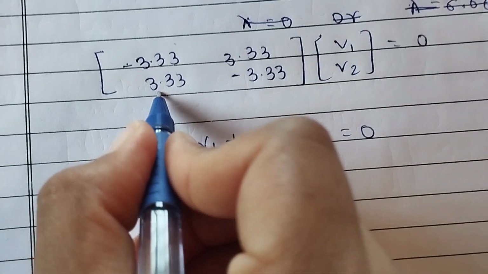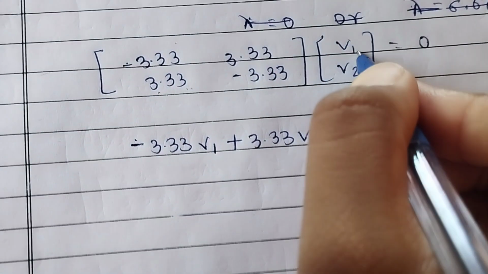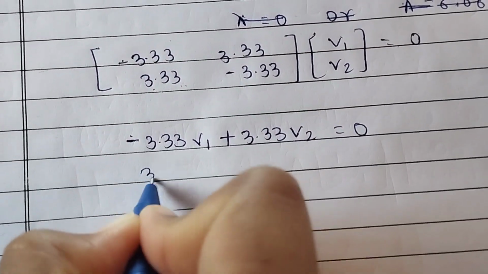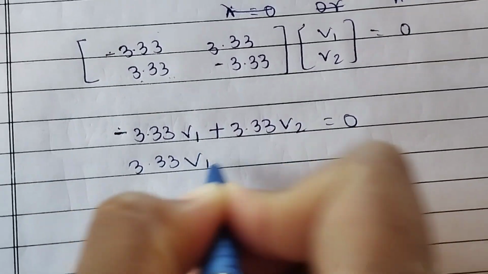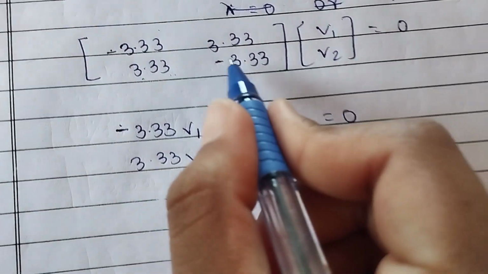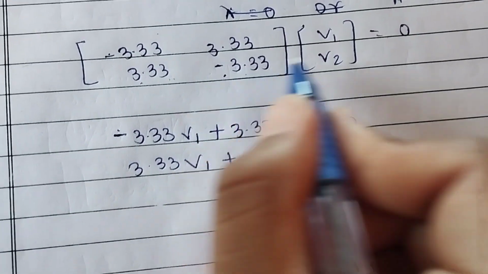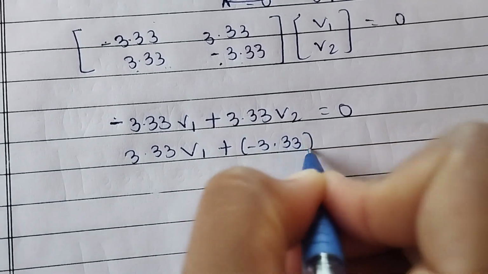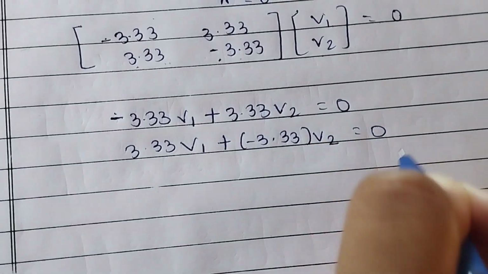Second, 3.33 into v1, means second row, first column. So 3.33 v1 plus minus 3.33 v2, minus 3.33 v2 is equal to 0.